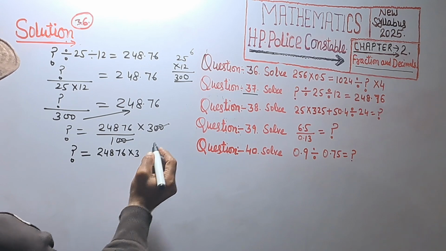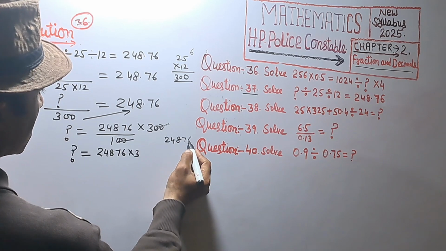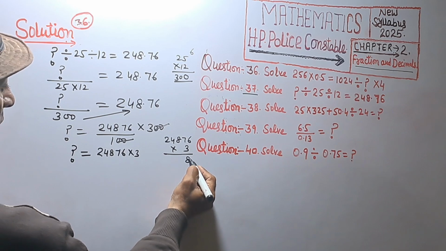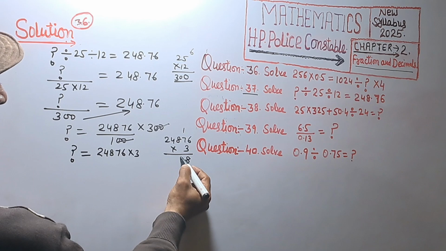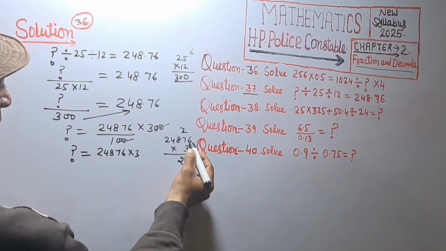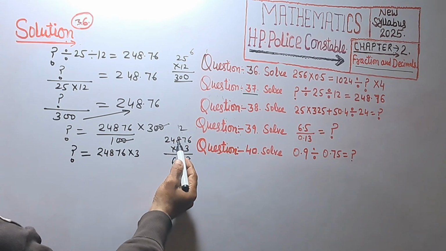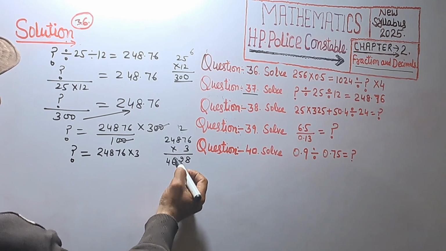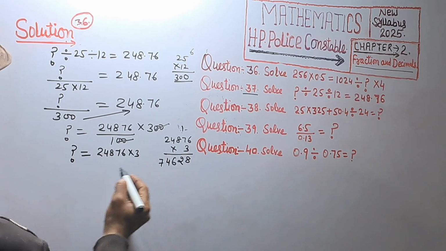Sign of interrogation equal to 24876 into 3. 24876 multiplied by 3 equal to 6 3s are 18, 1 carry, 7 3s are 21 plus 1 is equal to 22. 2 carry, 8 3s are 24 plus 2 26. 2 carry, and 4 3s are 12 plus 2 14. 1 carry, 3 2s are 6 plus 1 7.